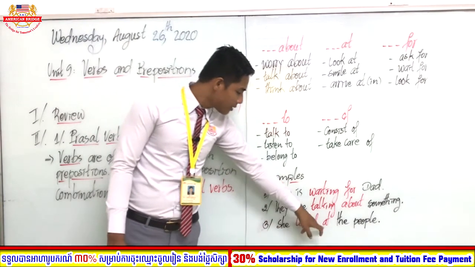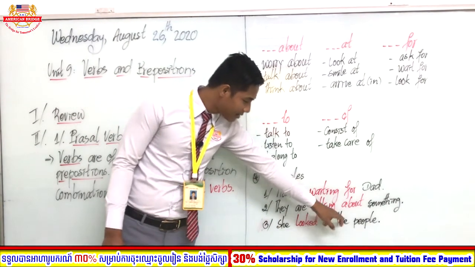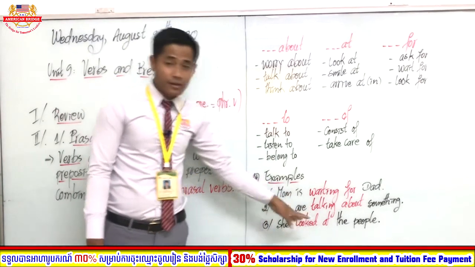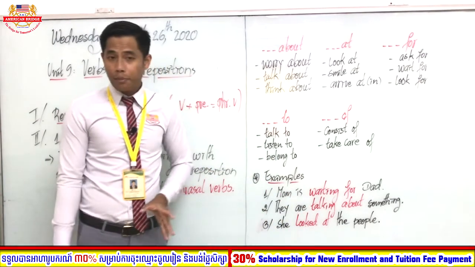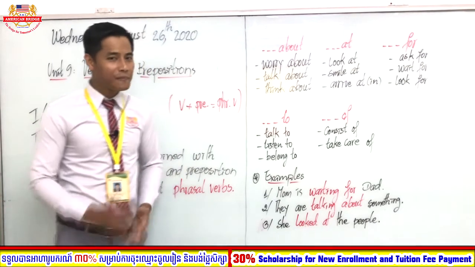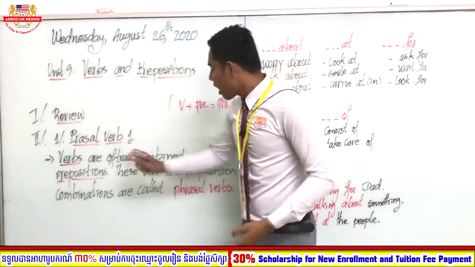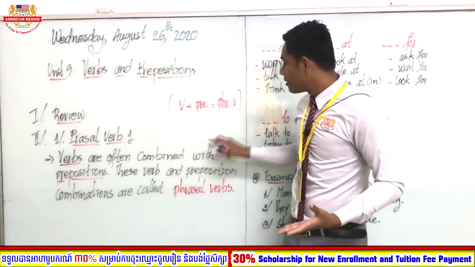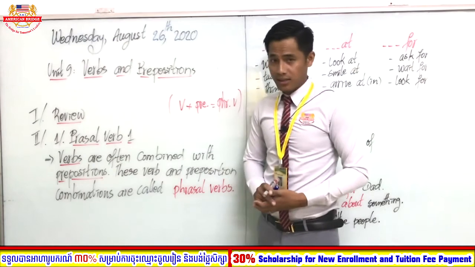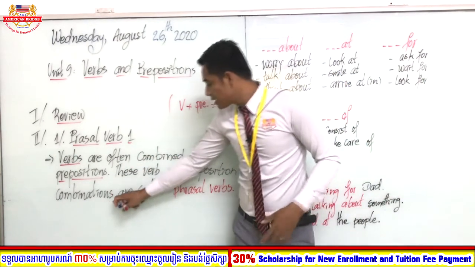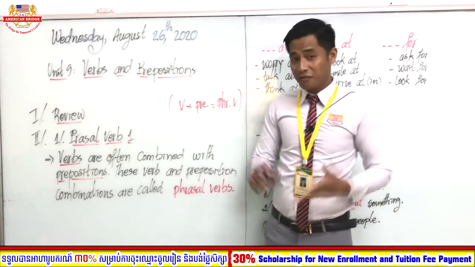Number 3: She looked at the people. So looked at, this is called a phrasal verb. Do you understand? So phrasal verbs are often combined with prepositions. These verb and preposition combinations are called phrasal verbs.